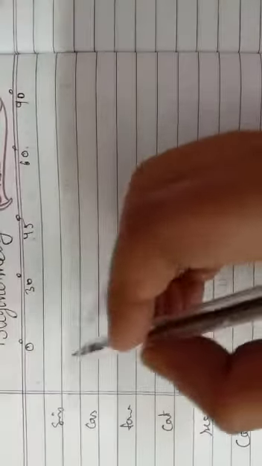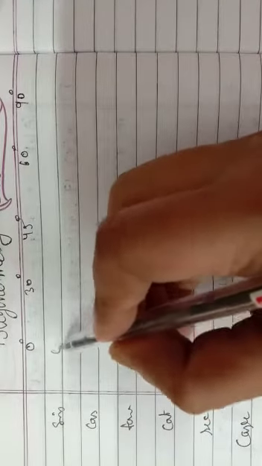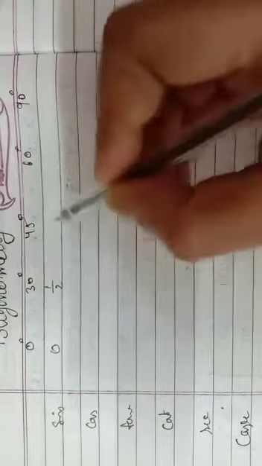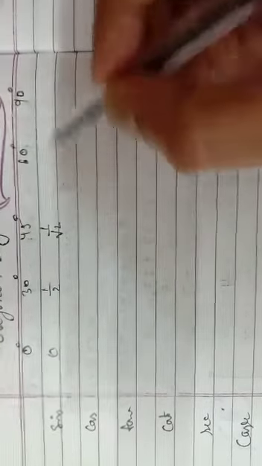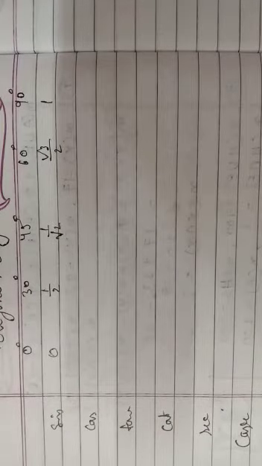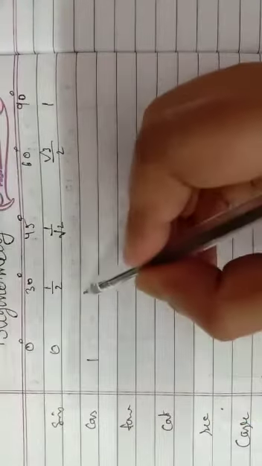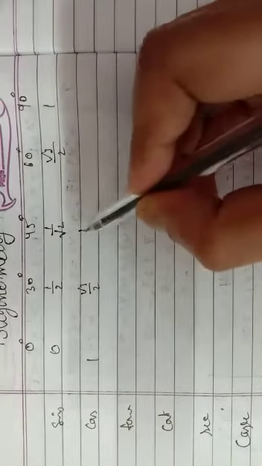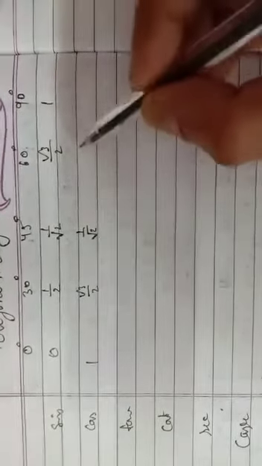Okay, so sine 0 degree is equal to 0, 1 upon 2, 1 upon under root 2, sine 60 degree under root 3 upon 2, sine 90 degree 1. Clear? Cos: 1, under root 3 upon 2, 1 over under root 2, 1 over 2 and 0.